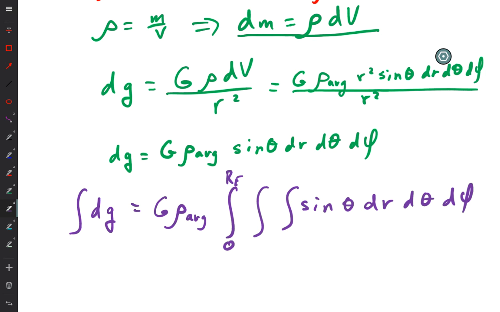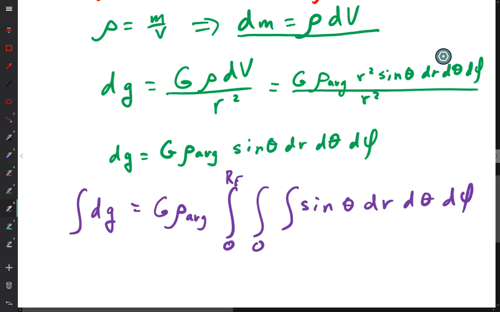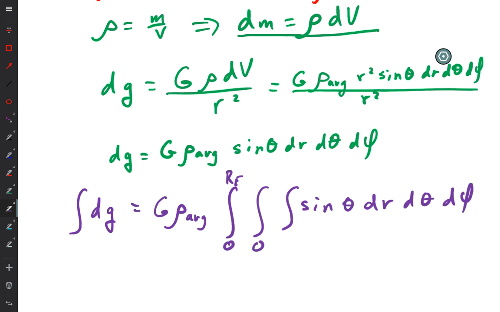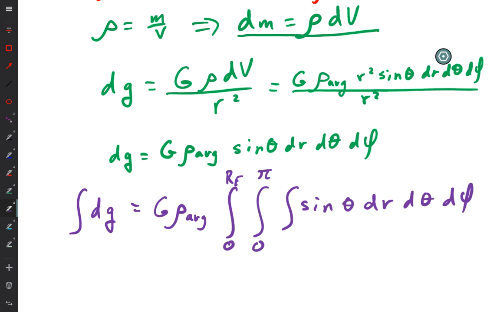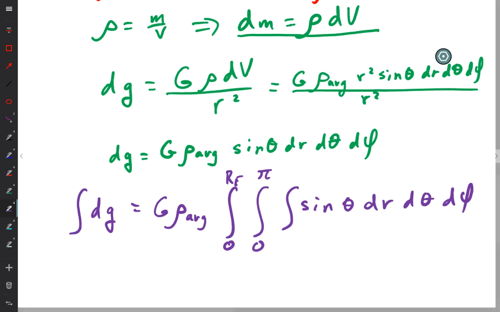And so theta is going from 0 at the North Pole to what would the angle be at the South Pole? Okay, we like to use radians for the most part, so to pi radians. And then phi. Phi is the azimuth that's going around the Earth. Well, you start at 0, what's your maximum angle if you go around the Earth? 2 pi. So phi goes from 0 to 2 pi.